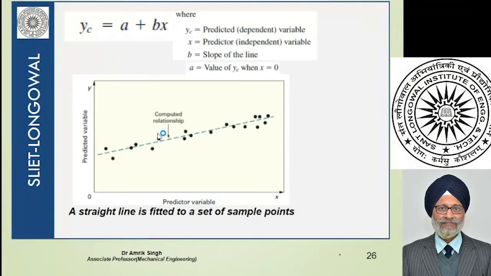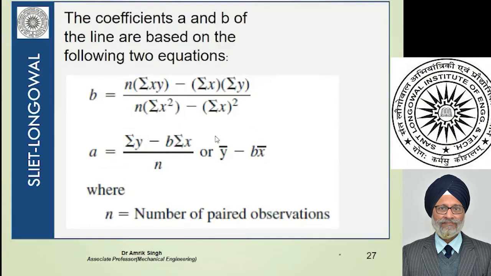If you plot the data at time t, this is our predicted value, this is a value, this is a value. So if we plot the data, we have a line which exists around these points. A straight line is fitted to a set of sample points. The coefficients A and B can be calculated in a similar way as I have just told.